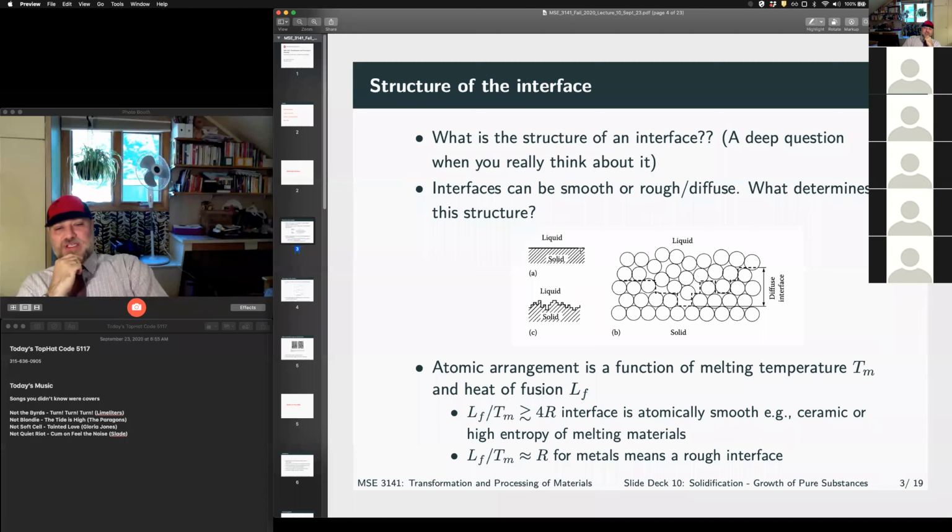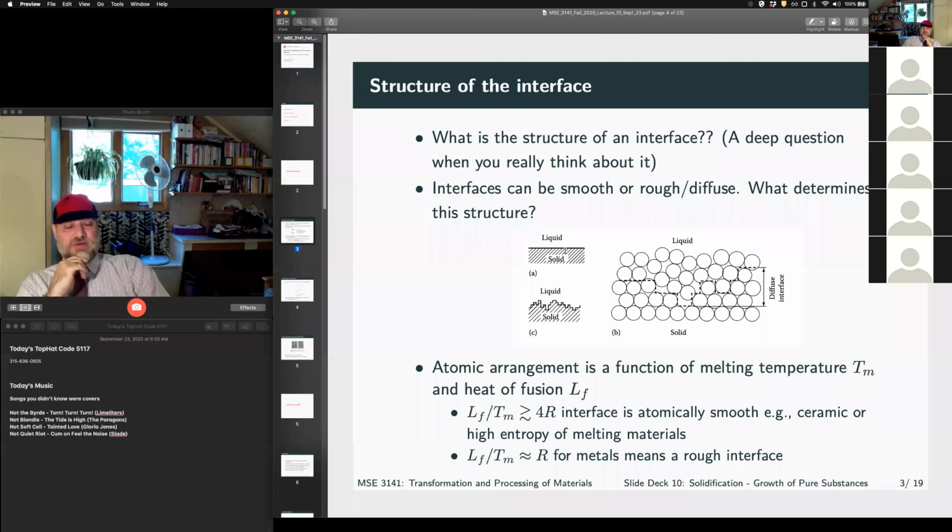But if I have this atomically flat interface, intuitively we can say, oh, this is really flat. So that means this is probably a higher interfacial energy. And so if I put one atom here, now I've added quite a significant protrusion to this perfectly flat planar interface.